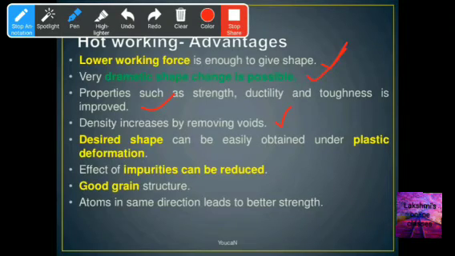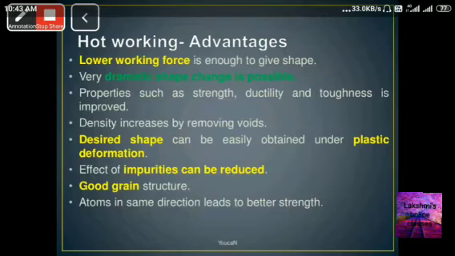Desired shape can be easily obtained under plastic deformation. Effects of impurities can be reduced. Good grain structure, atoms in the same direction, leads to better strength. So these are the advantages of hot working.